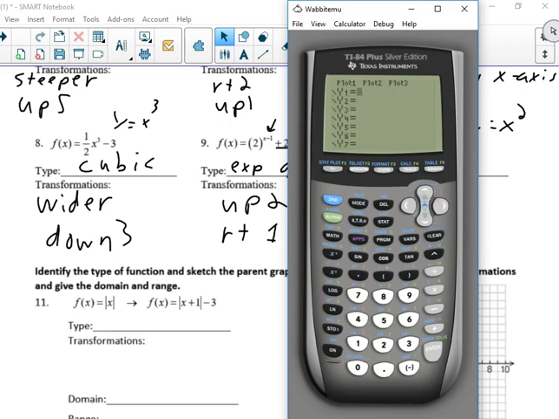I say I want 2 to the x. That's my exponential growth. Then I want 2 to the x minus 1, come down, plus 2. Here's my parent graph, exponential growth, and here comes my translated. It's higher, up 2, all right, and it's shifted to the right a little bit.